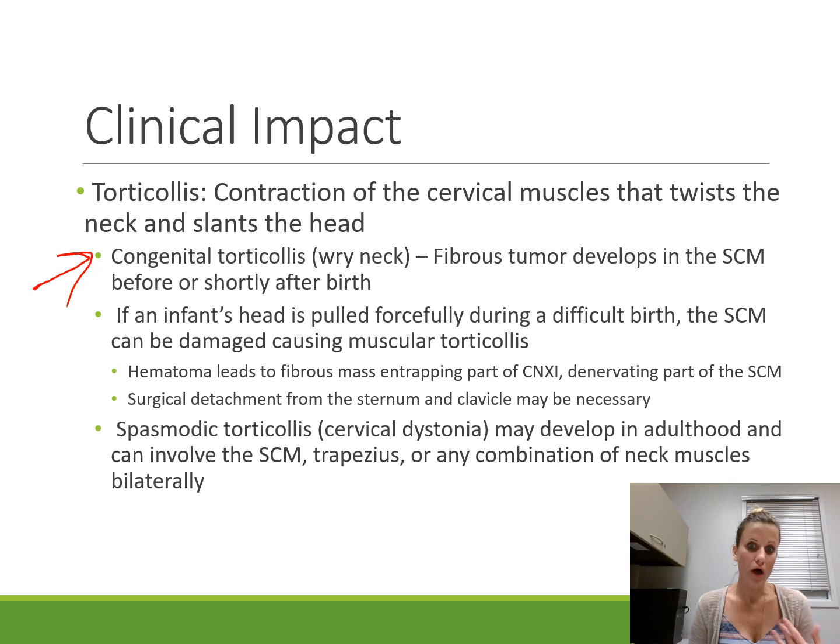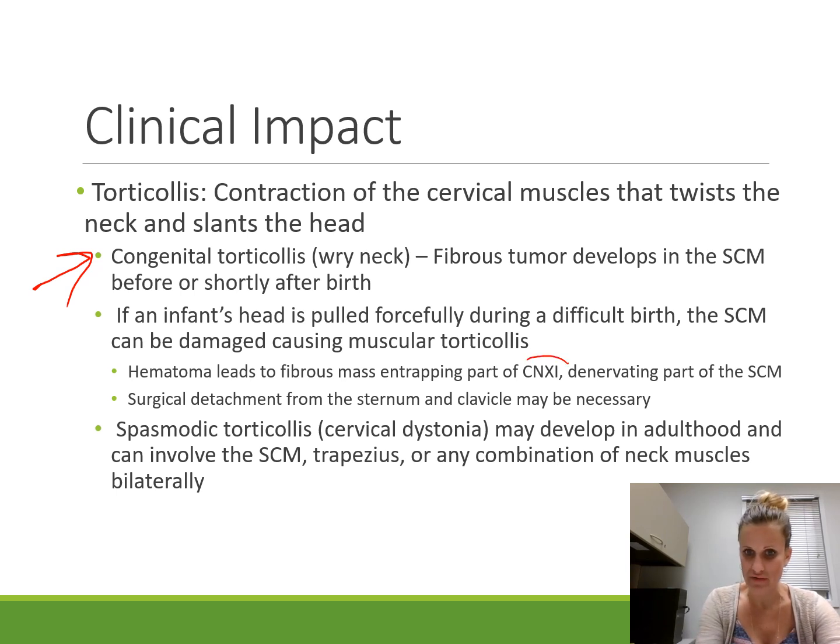We can also cause a muscular torticollis if an infant's head is pulled too forcefully during a really difficult birth. This can cause a hematoma to form in the sternocleidomastoid, and then a fibrous mass builds around that area. And if it ends up entrapping one of the branches of cranial nerve 11, it can interfere with the motor innervation to the sternocleidomastoid.